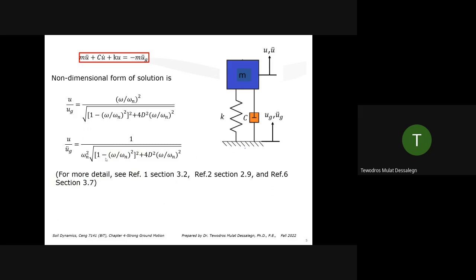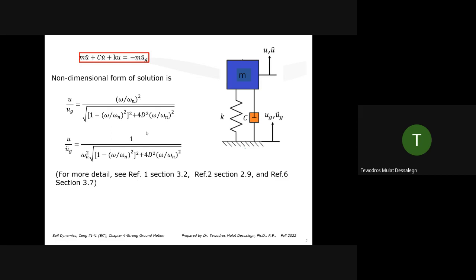Or in another form, it can be in the form of U by UG dot dot, the ground acceleration. The mass displacement by the ground acceleration can be given by this form. It's in the form of omega and omega n. I shouldn't say W, it should be omega, plus the damping ratio squared.